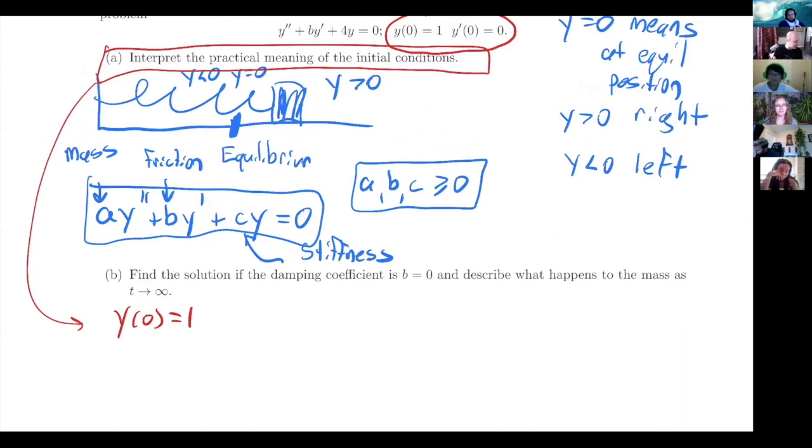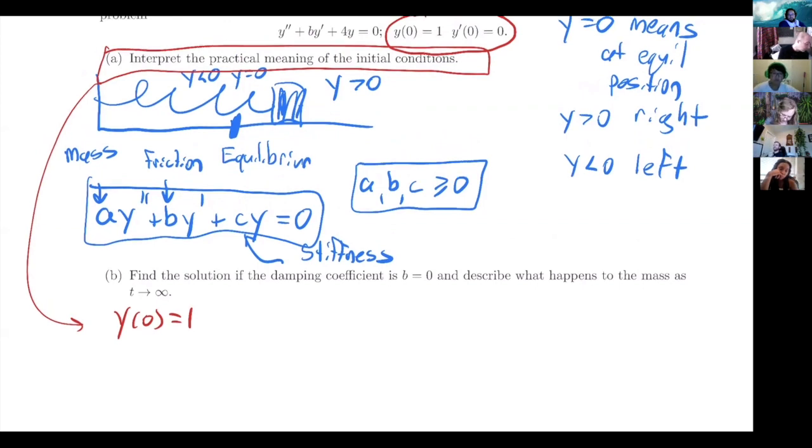So this initial condition that at time 0, y is equal to 1, what's the practical meaning of that? It's not at equilibrium. It's not at equilibrium, and in fact, where is it located? It's getting pulled, so it's away. Yeah, that's right. To the right. So it's 1 unit to the right.